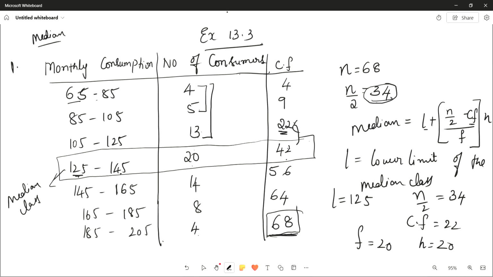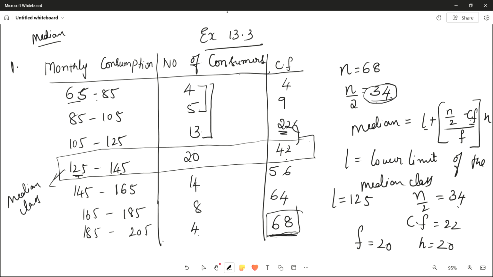So we have found the median class. Now its lower limit is 125. N by 2 is half of this, that is 34. And CF, the cumulative frequency, you have to take the preceding one, earlier than the median class.